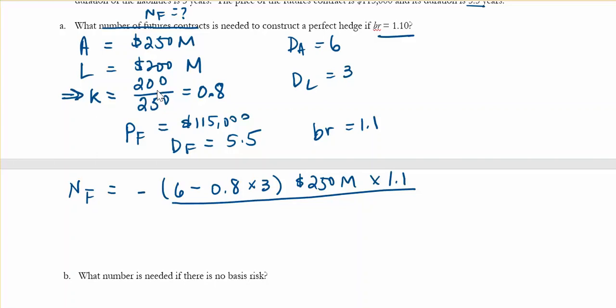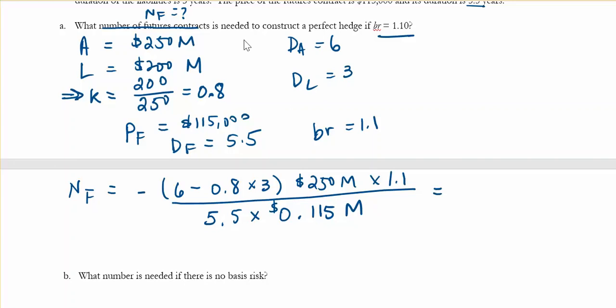And then in the denominator, we have the duration of the futures contract, 5.5, and the price. Since I have millions here, I need to make sure these are in millions, so I'll put in 0.115 million.